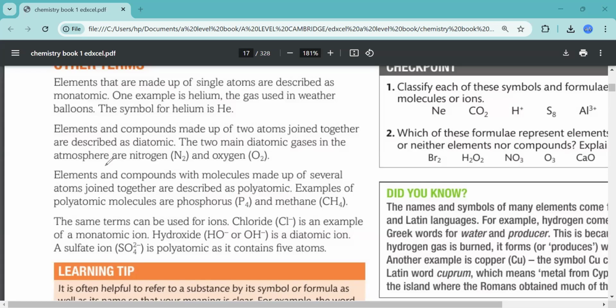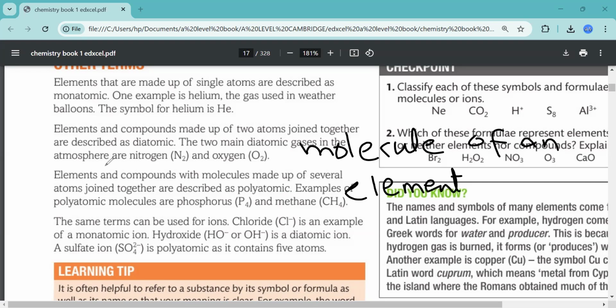But the difference between the compound and the simple molecule is, let me write this down: molecule of an element and molecule of a compound. Both the words are very different.